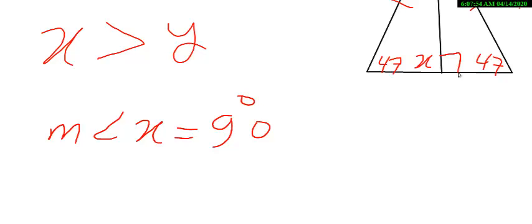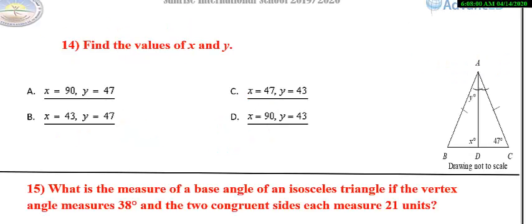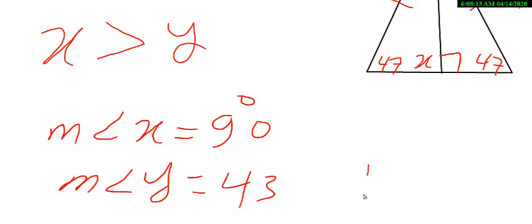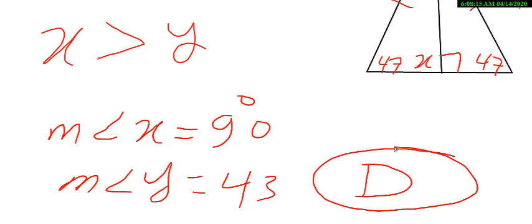Once you have X equal 90, then the best choice will be multiple choice D. So D is the correct answer in this example: X equals 90 and the measure of angle Y equals 43. So in this example, you have to focus on the given information. It will help you.